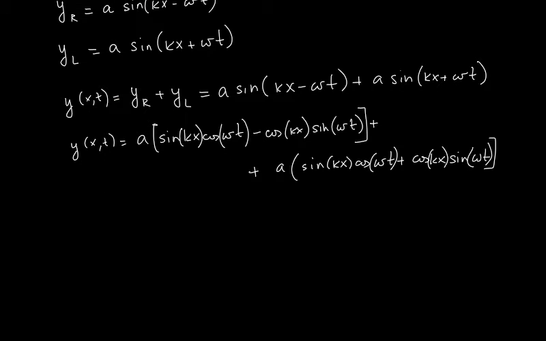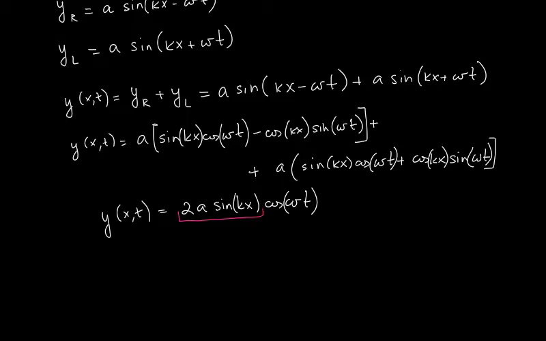This leads us to y(x,t) equals 2A sine kx cosine omega t.